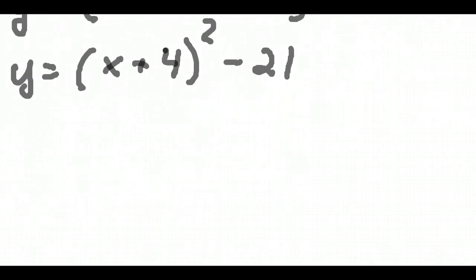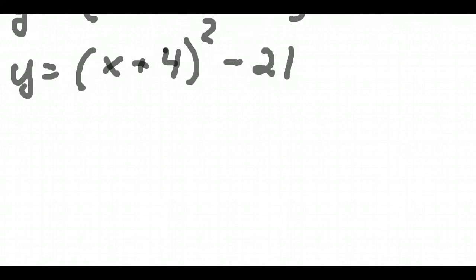Okay, now look at the vertex form. It's y equals open x minus h closed squared plus k. So we're almost there into the form, but the one difference is that it's x minus h, and right here we have x plus 4, or plus h.